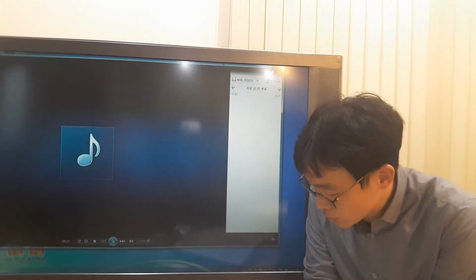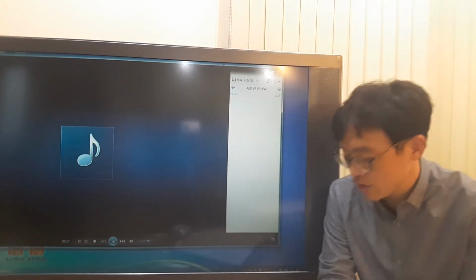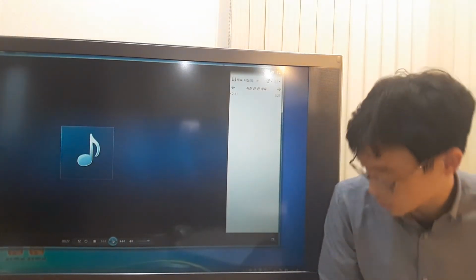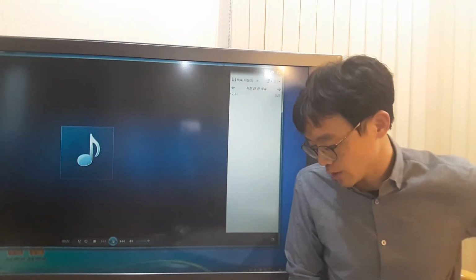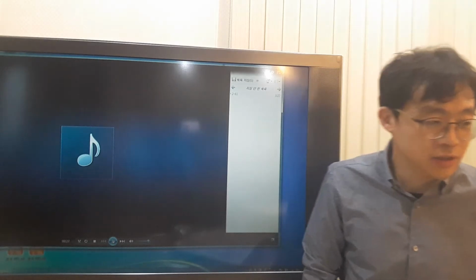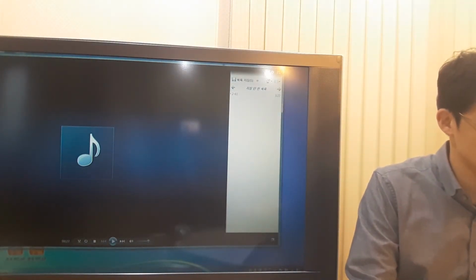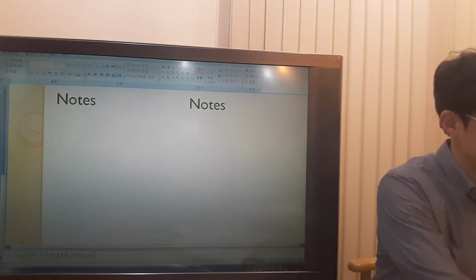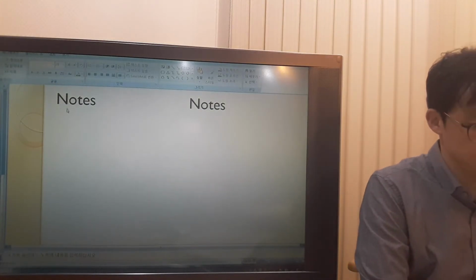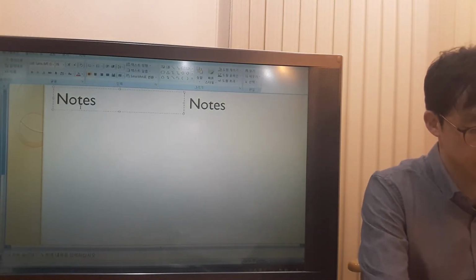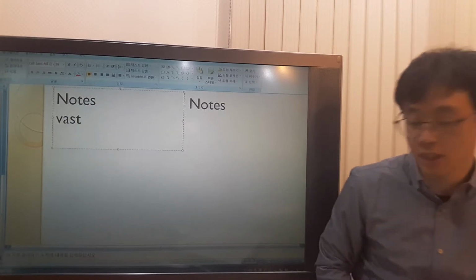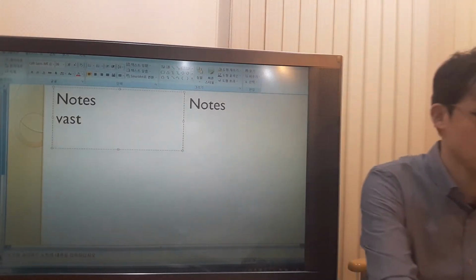The vast majority of painters rely either on watercolors or oil paints to paint with. The vast majority. What does vast mean? Vast means extremely large, okay?